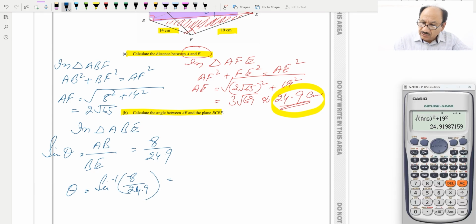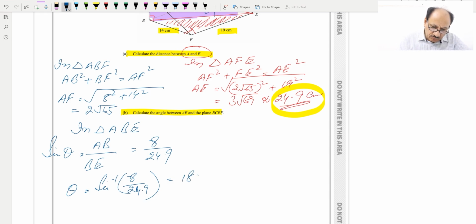and this one we can take shift sine of 8 over 24.9 and bracket close, and this is equal to 18.74.